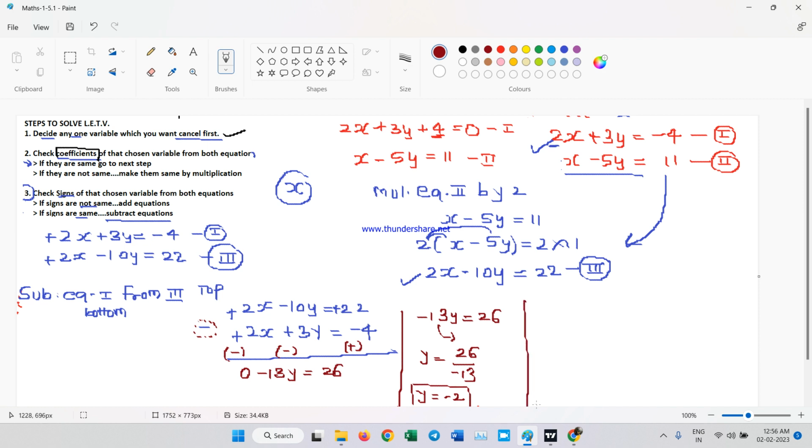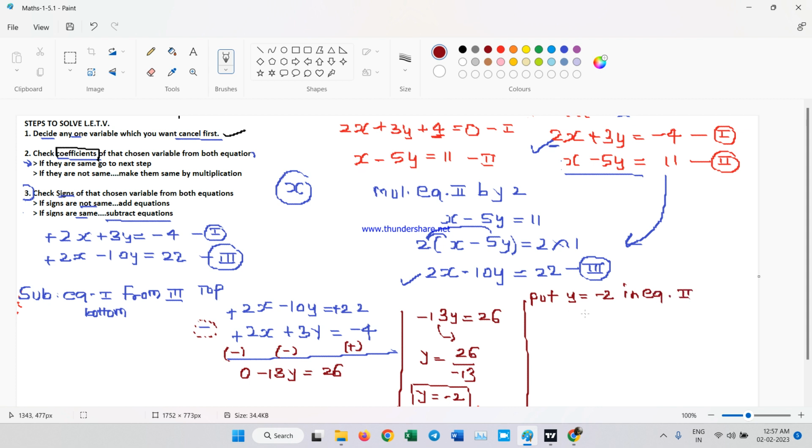And as we all know, we will use a simple equation to get the value of x. And what a simple equation can be? A part of equation number 2. So let's do this. Put y is equals to minus 2 in equation 2.